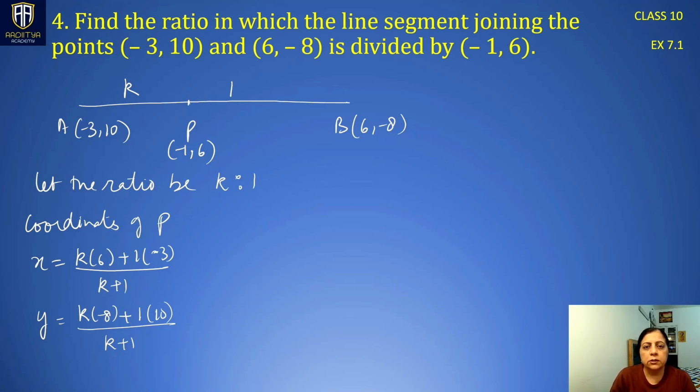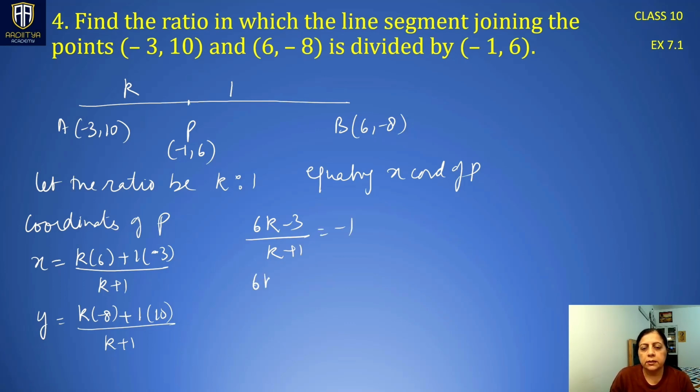Now, since these coordinates are given to us, we can simply equate the x coordinate of P. So we have 6k minus 3 upon k plus 1 is equal to minus 1.